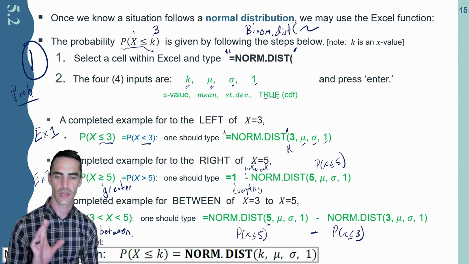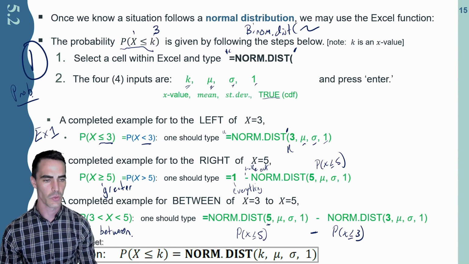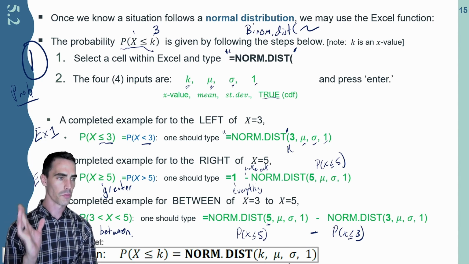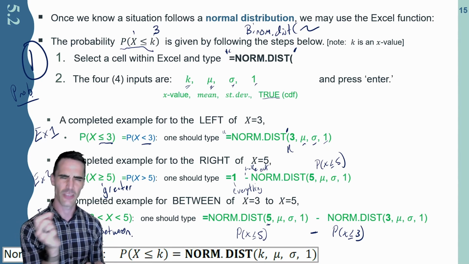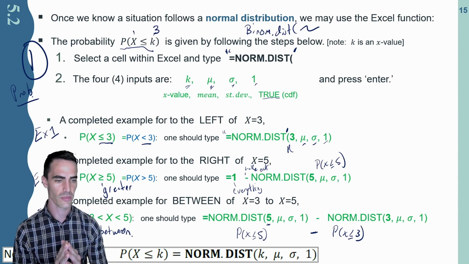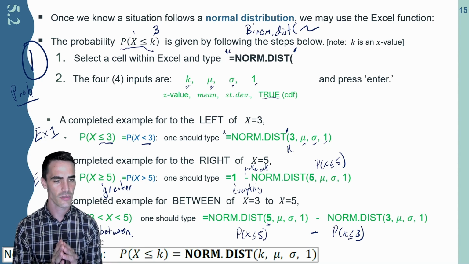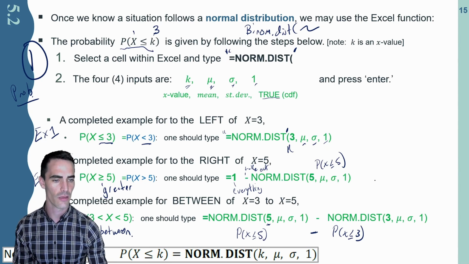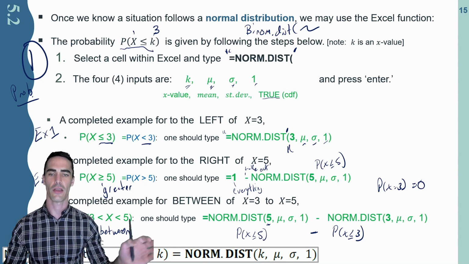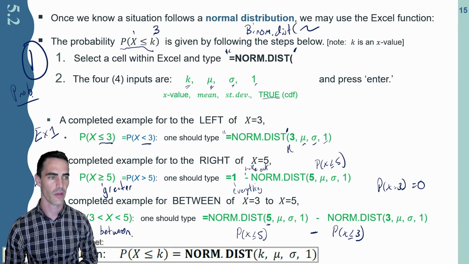And this will get you exactly the same thing as between. Again, the whole beauty of normal distribution, much better than binomial in my opinion, is we don't have to worry about, okay, do I include or not include those endpoints? For these continuous distributions, it's always going to be include, because again, adding that probability, the probability that x is equal to 3, let's say, we don't even do the calculation. I can tell you it's 0 right away.